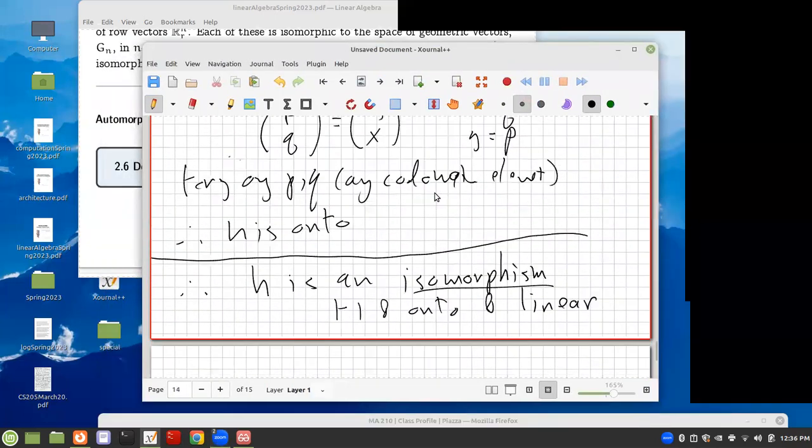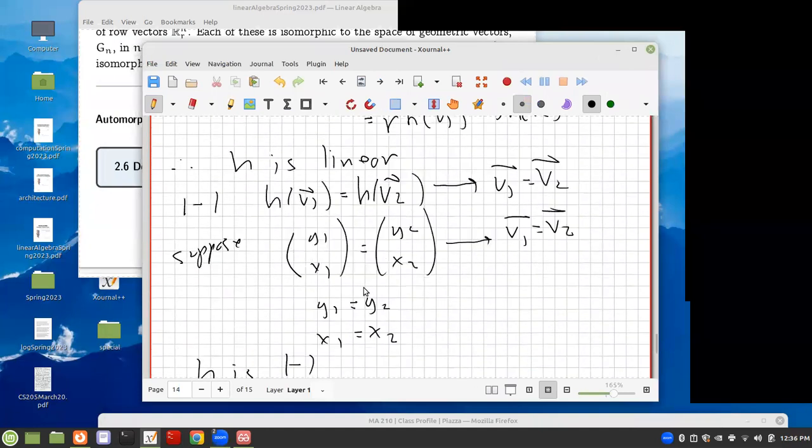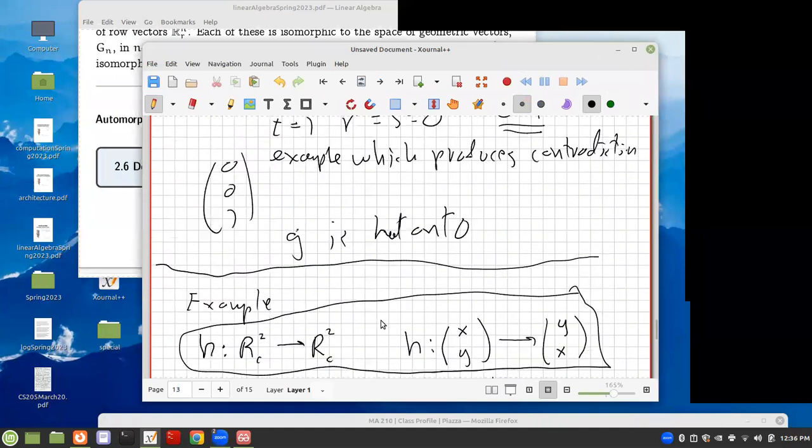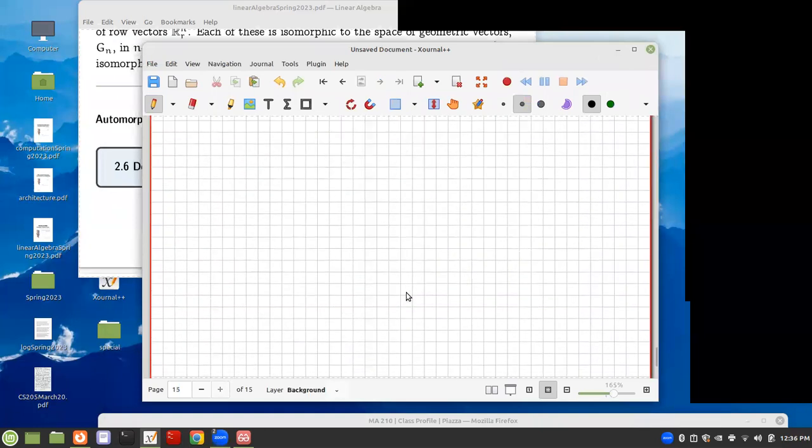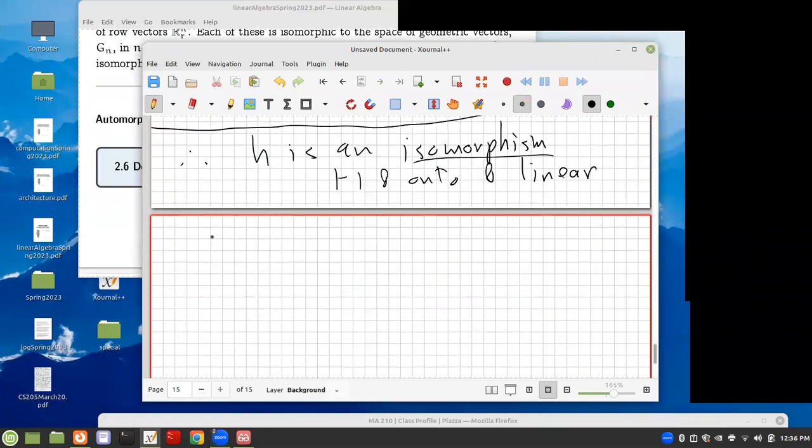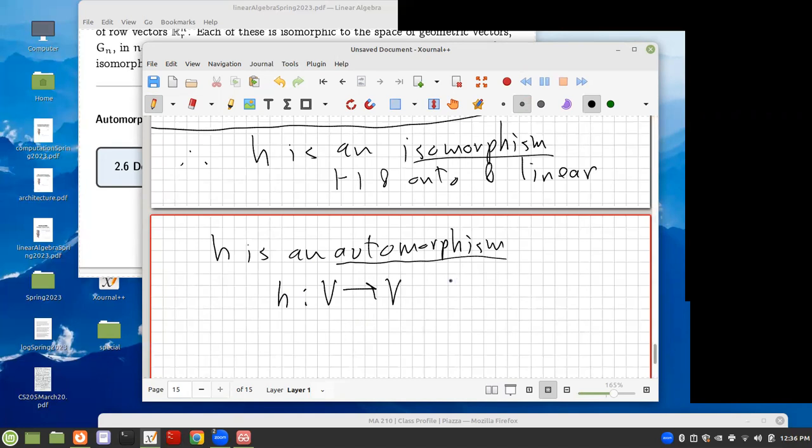So over here, H, which was a map from R2 to R2, is an automorphism because it's an isomorphism from one vector space to the same space: codomain equals domain.